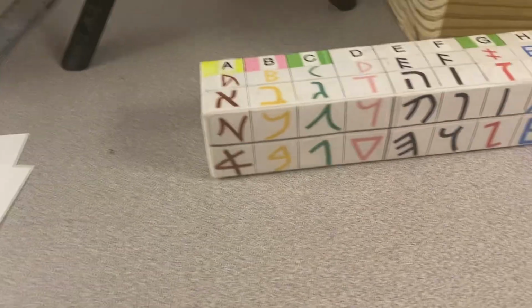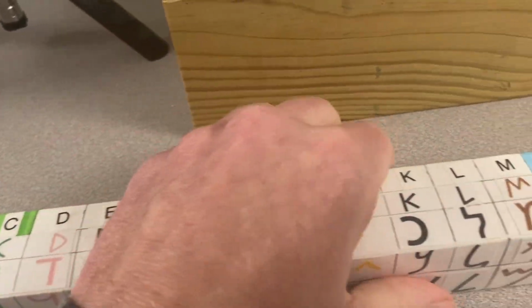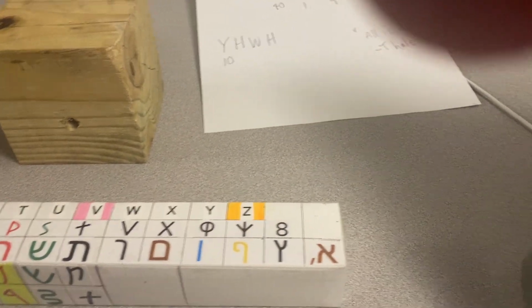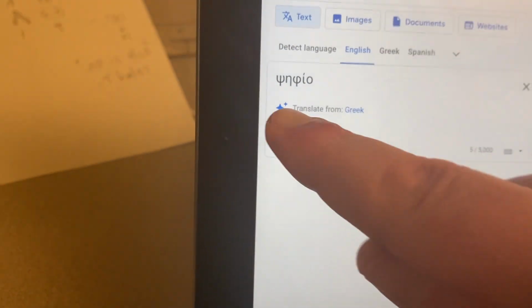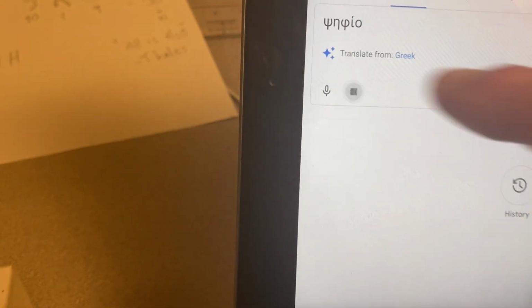Now, to conclude our short introduction, each one of these is a digit. Now, when you look up digit in Greek, it's physio, or Cephio.